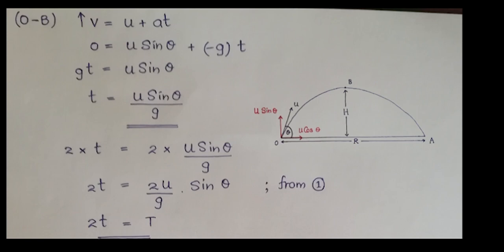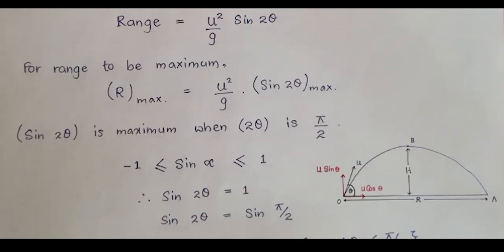Finally, I am going to show you how to obtain the angle of a projectile such that the projectile motion is achieving its maximum possible range. From earlier calculations, we got range is equivalent to u squared over g into sin 2 theta.